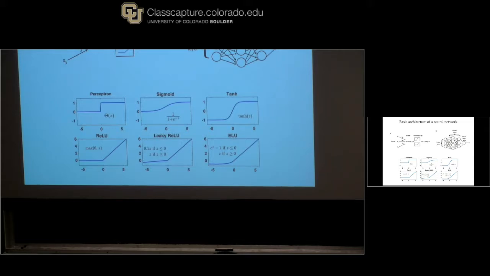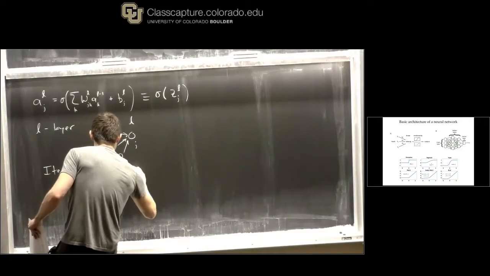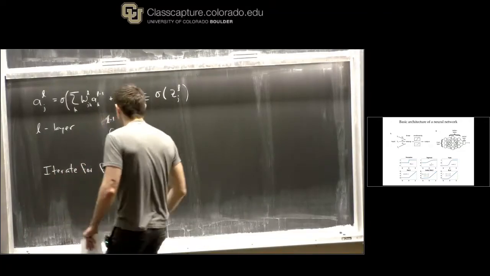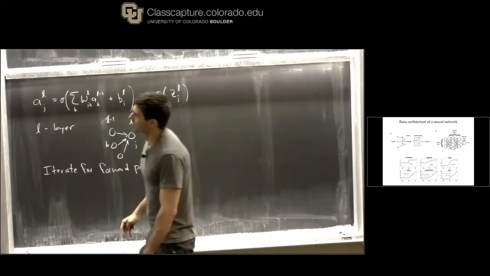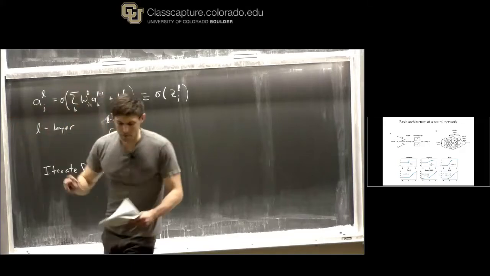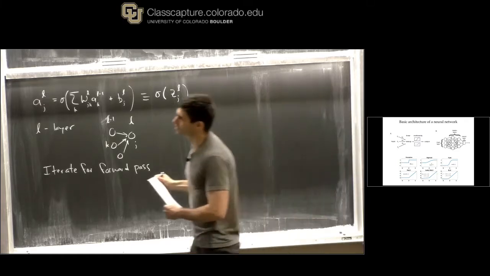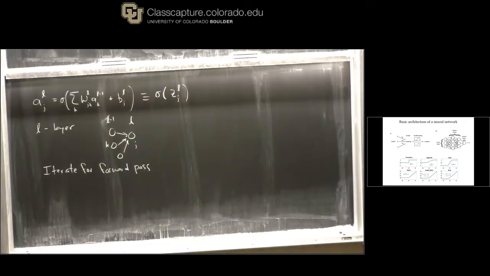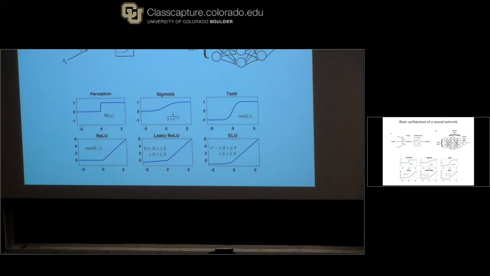So you iterate this for the forward pass. And I want to keep things very general, so I don't want to write down an error function. I just want to imagine that you have chosen some error function, whether it's squared error or cross entropy, like we had for logistic regression, or whatever. There's some error, okay?